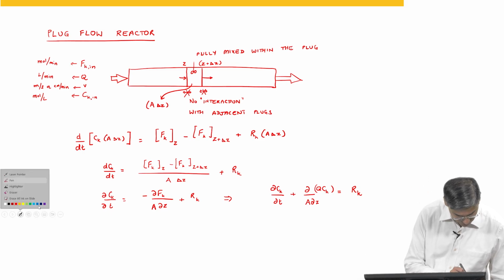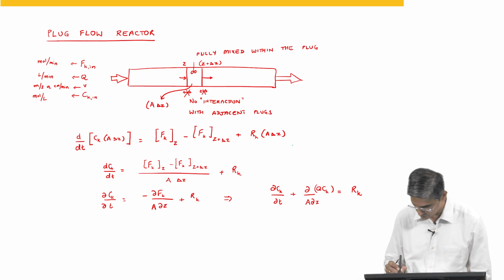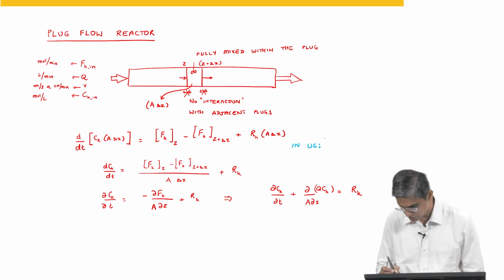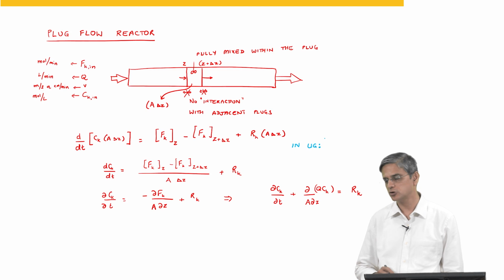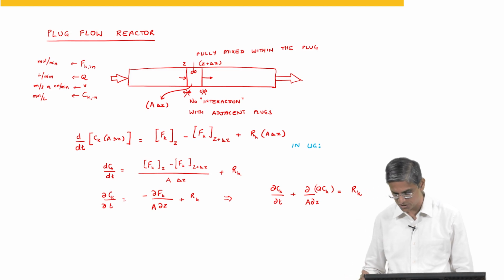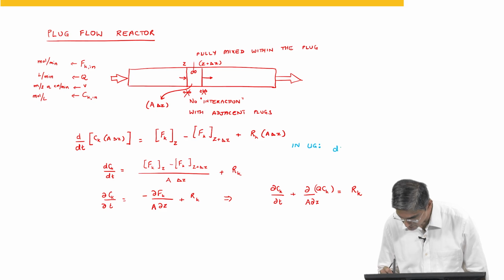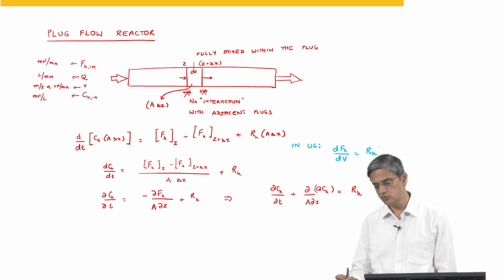In your undergraduate, you had looked at steady state. So, dou Ck by dou t was equal to 0, and you had then used the expression dFk by dV equal to rk.